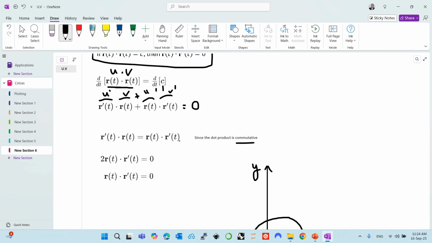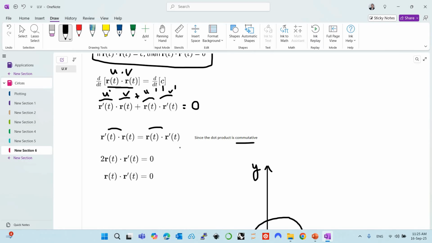We can rearrange it, and the order of the dot product is not important. We saw this from the previous lecture when we discussed the properties of dot products, and you can put r prime first or second, it doesn't matter.